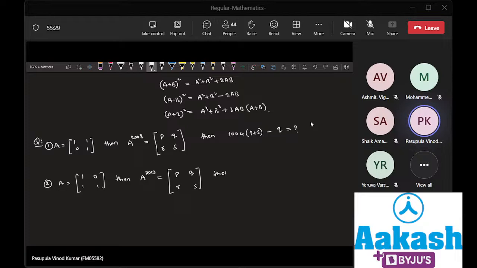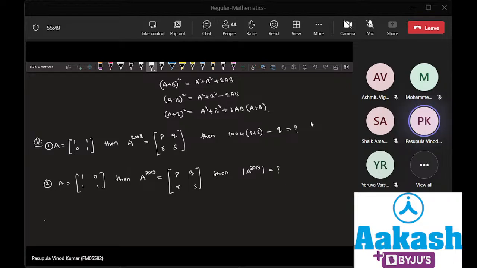Then Q is equal to what? Automatically you'll be able to find out Q here. Then the determinant of A power 2013 is equal to what? Right. Next, what is it now?